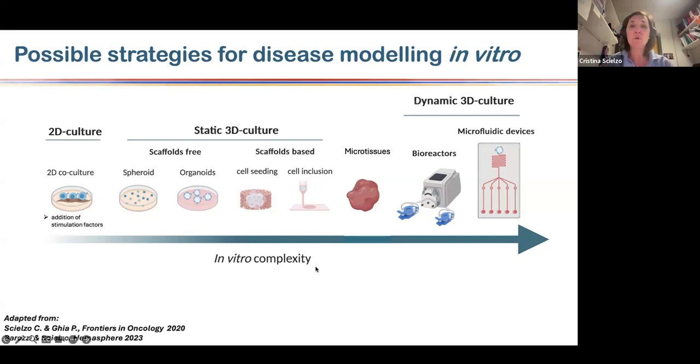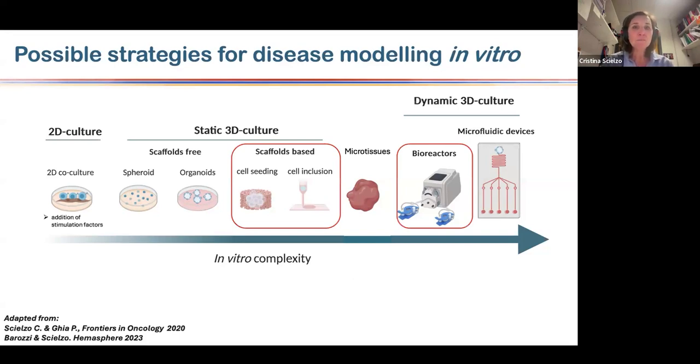There are also a lot of opportunities in using microtissues, generating 3D models from microtissues, but here, of course, you need to have access to tissue samples, tumor tissue, or in general, whatever you need for your purpose. And then you can increase the complexity even more by adding a dynamic culture to your system by using bioreactors or microfluidic devices. In particular, during my presentation, I will focus on scaffold-based technologies and the use of bioreactors.